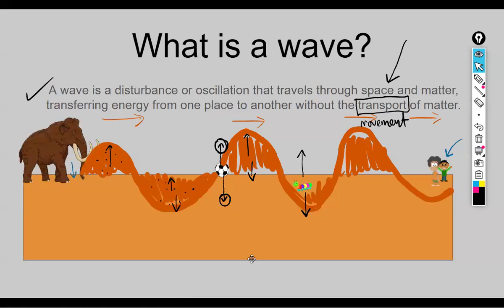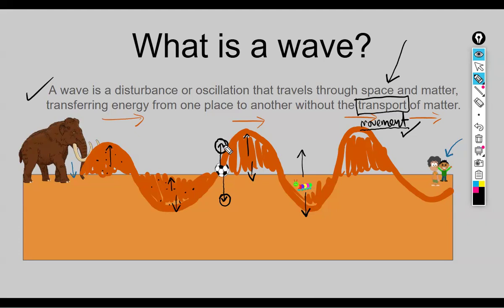There is a difference between the word transport and movement. Tell me something. Are the particles experiencing movement? Yes or no? The particles in the soil or the soccer ball or the caterpillar. Right. They are experiencing movement.